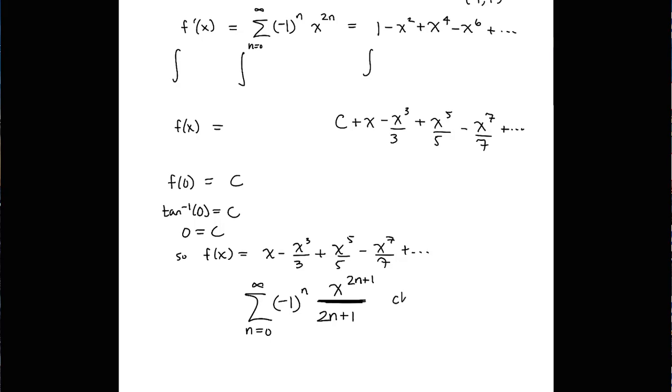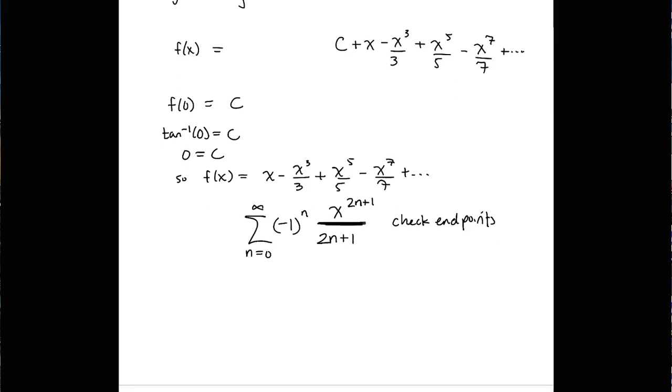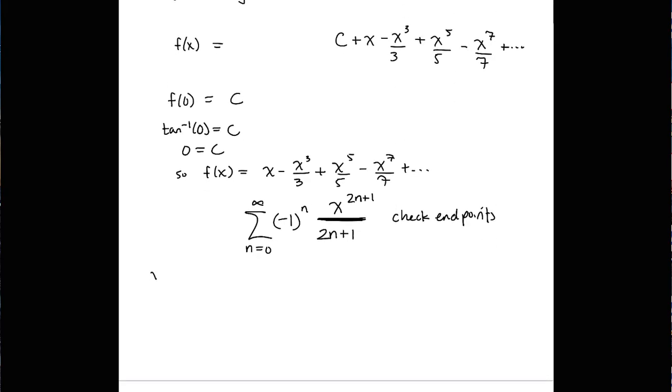And then we need to check endpoints before we come up with our interval of convergence. So our endpoints were negative 1 and 1. I'm going to check manually at x equals negative 1.